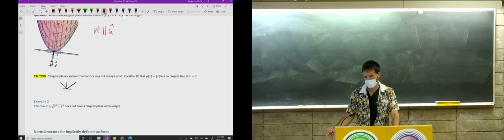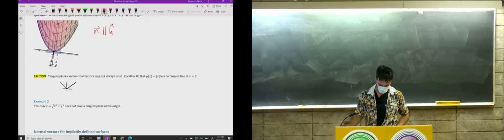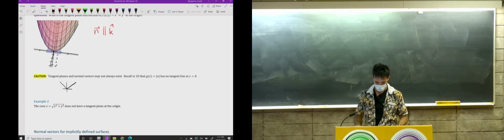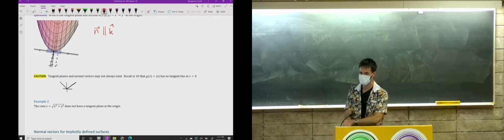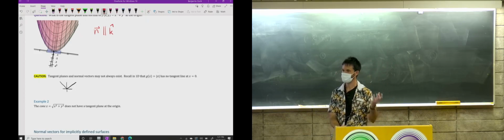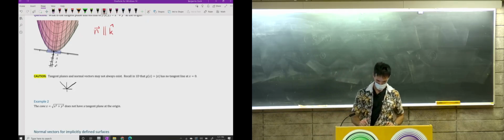So the same problem can arise in 2 dimensions, or in functions of 2 variables, rather. For example, how about with the cone, square root x squared plus y squared? This is another one of those shapes which is a common example in this class. There's certain shapes that come up a lot. You know, paraboloids, spheres, cones is another one.